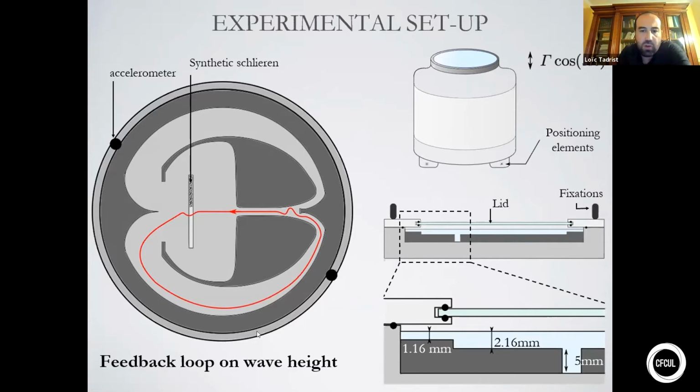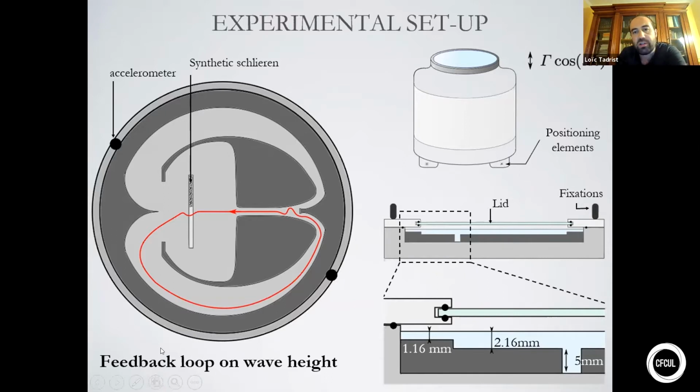And the droplet is then just looping around this path, and it's deviated either on the right or on the left. At the same time, we measure the Faraday wave within the groove with a synthetic shearing technique.